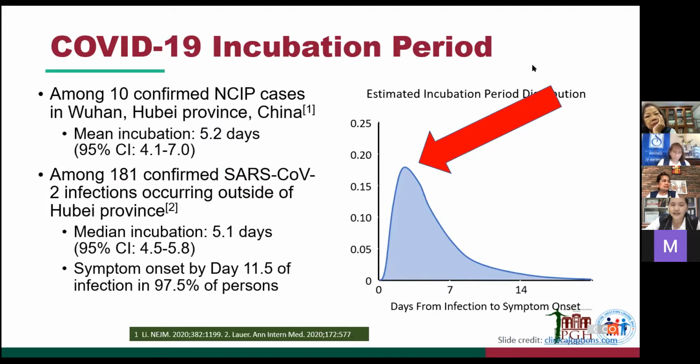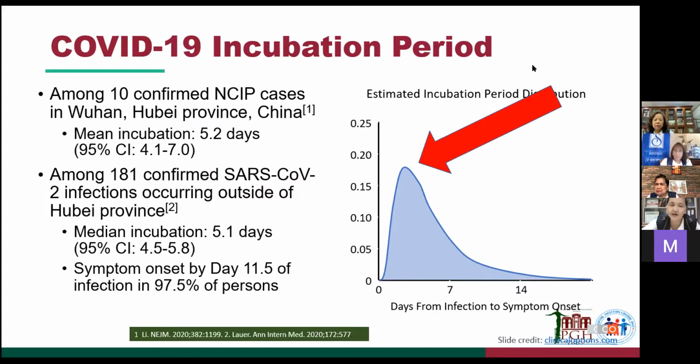Pero kung magpapatest at wala pa rin symptoms, most of the time, the infection will happen on the 5th day. No? So, kunyari, Sunday, nag-gather kayo ng family. Tapos biglang may narinig kayo na somebody pala in that party that you had came back with a positive test.